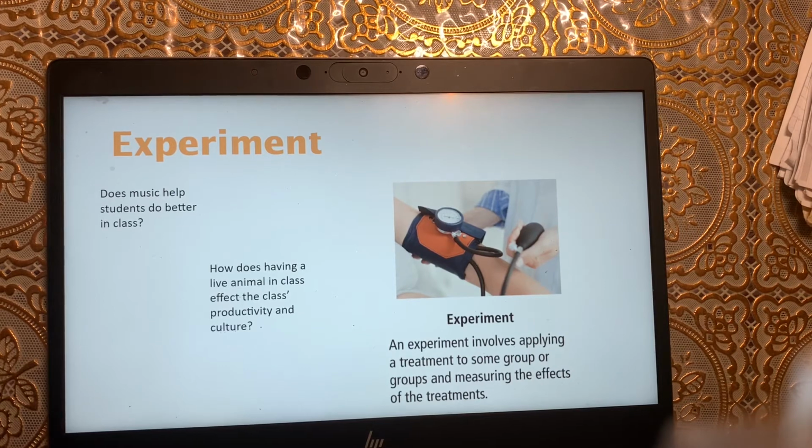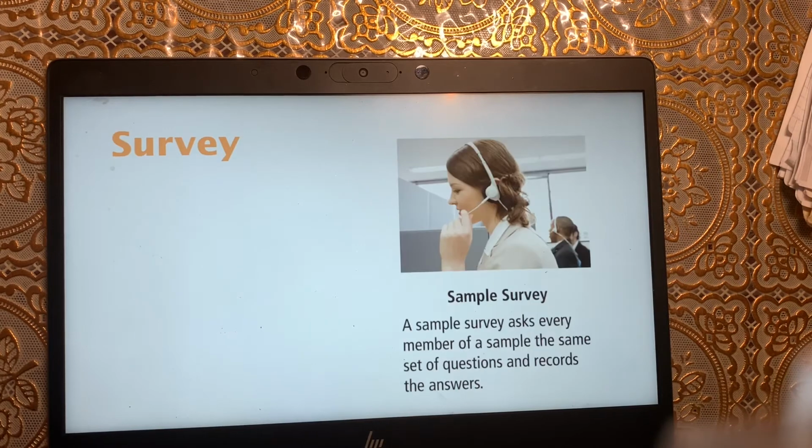The treatment or experimental class would be the class where you have live animals, and the other class without live animals is called the control group, and then you compare the two. This is the experimental kind.